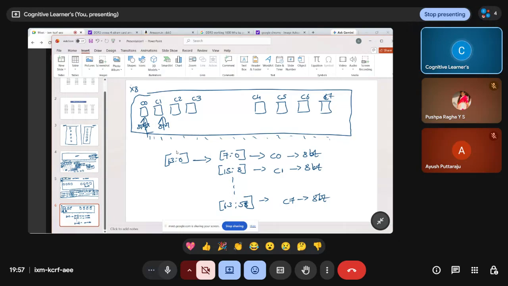This way the 64 pins are divided, 8 pins connected to each module in cross 8.